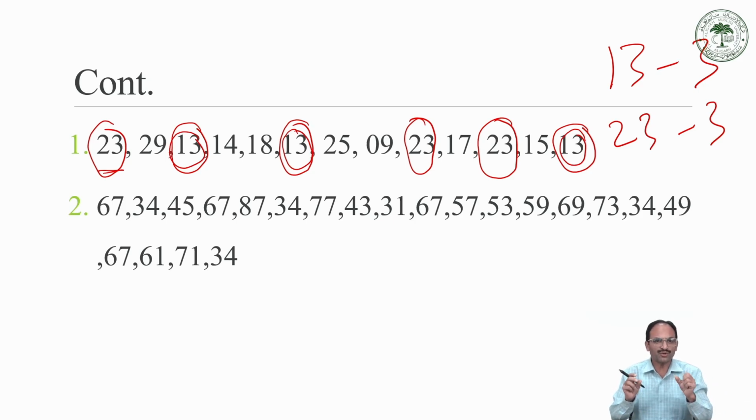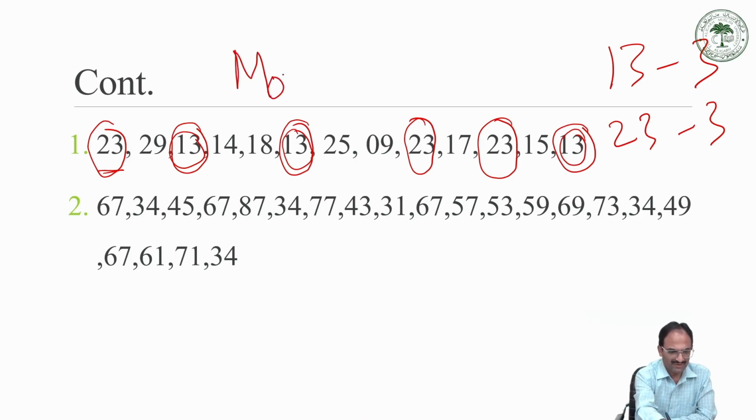But this is a very unique situation in which two numbers are repeating the same number of times. That is, two numbers have the highest frequencies, 23 and 13. So this particular data set has two modes, and in that situation, how do you calculate the mode? Mode is equal to, you will take the mean of these two numbers.